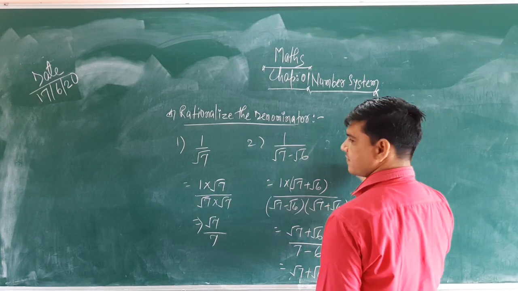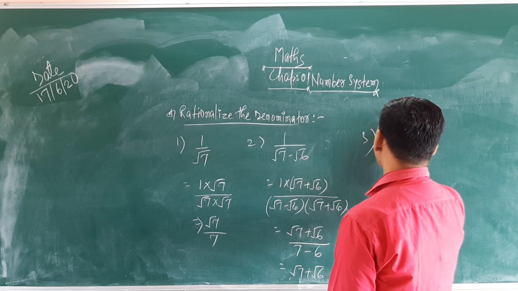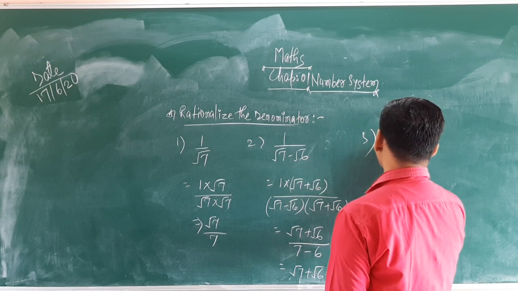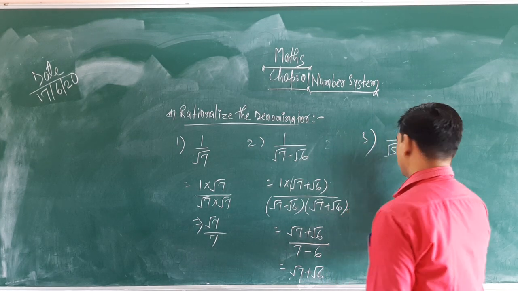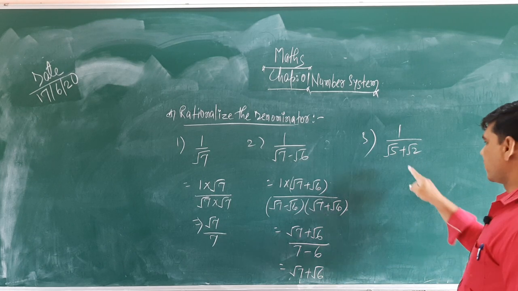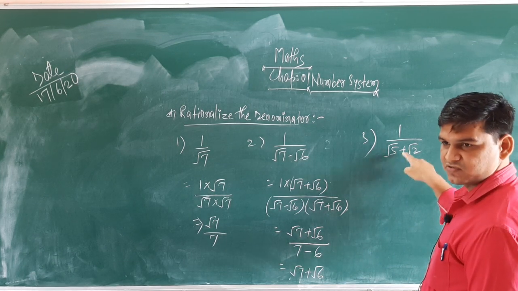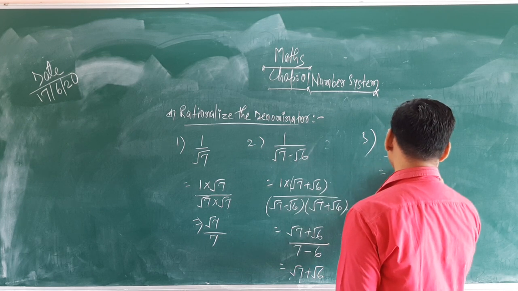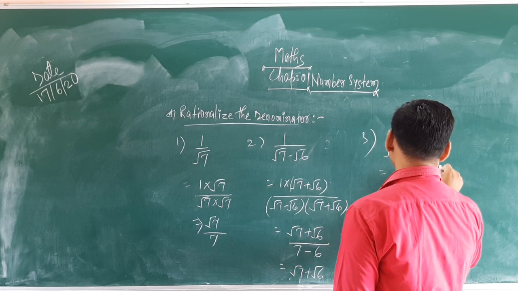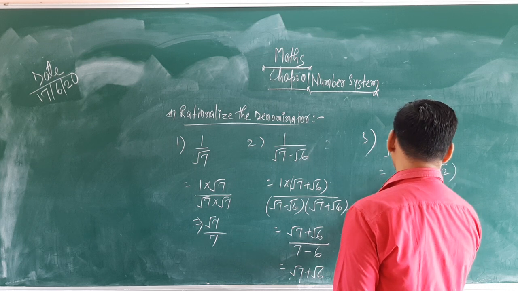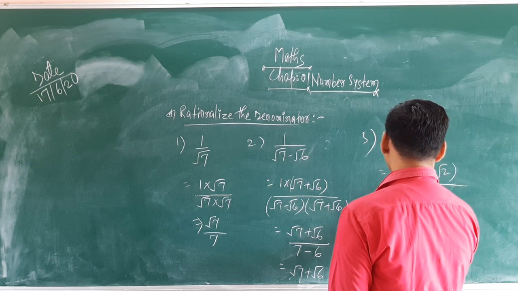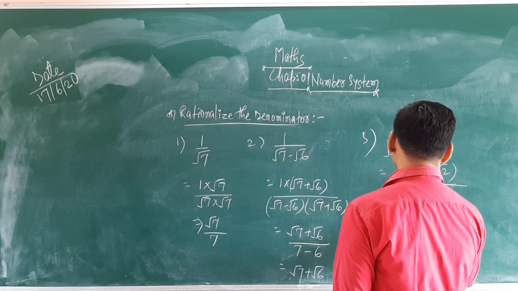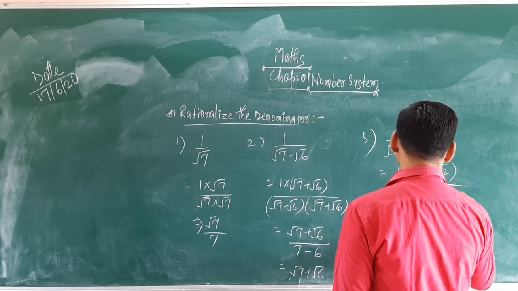Another example I will take for the rationalization, 1 upon root 5 plus root 2. Whatever the sign in the denominator, if it is a positive sign, we have to multiply with the negative sign. So 1 into root 5 minus root 2 upon root 5 plus root 2 into root 5 minus root 2.